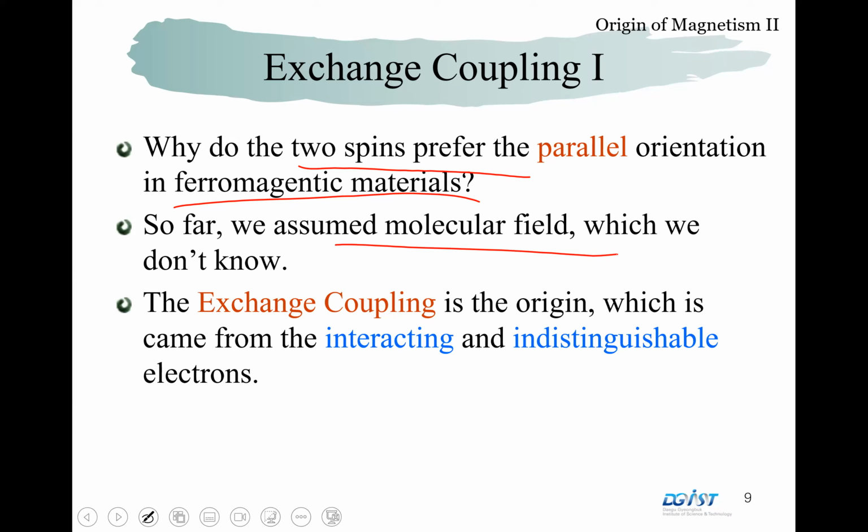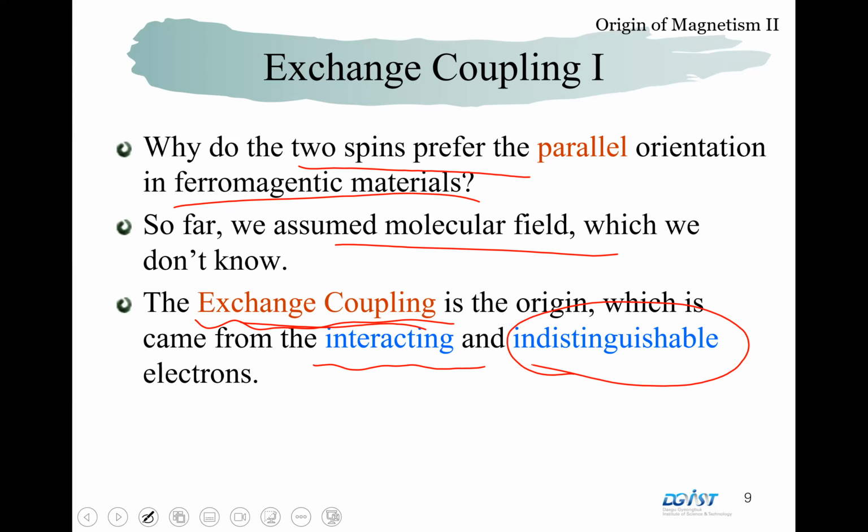The answer is exchange coupling between two spins. This exchange coupling is purely quantum mechanical, and it comes from interacting and indistinguishable electrons. What is the meaning of indistinguishable? Let's say we have two electrons, 1 and 2 here, and we can describe the situation of these two electrons in a system.